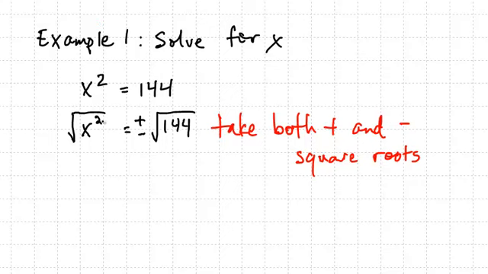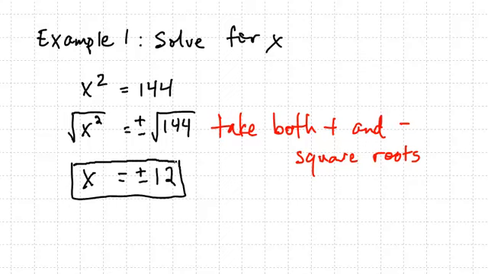The square root of x squared, what number times itself gives us x squared? Well, that's just x. The square root of 144, well, the positive square root is 12. The negative square root is negative 12. So the solution to this equation, x squared equals 144, is x equals plus or minus 12.